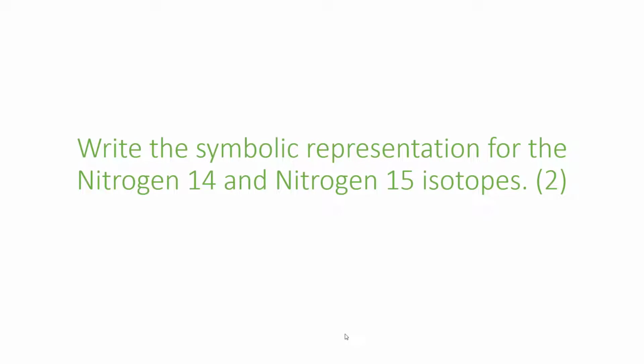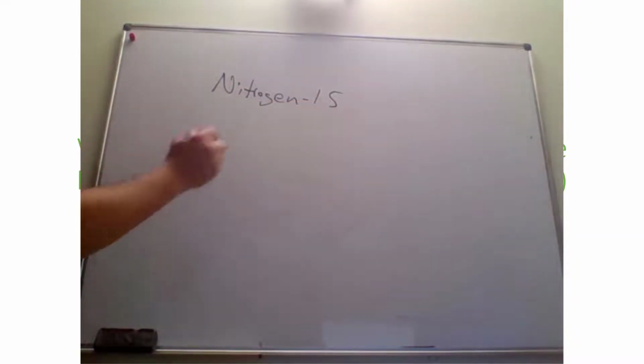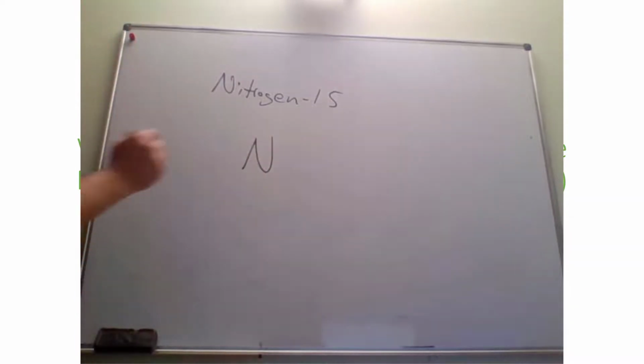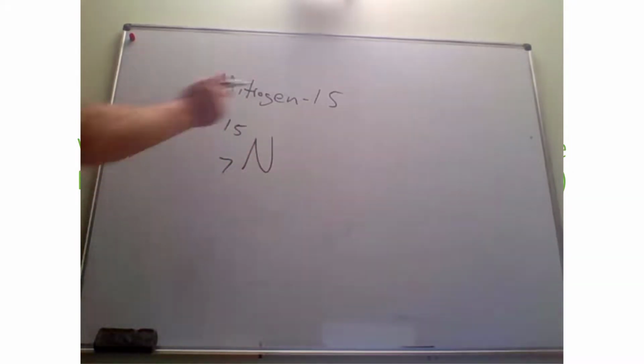Now, if we want to take a look at the representation and number of each for nitrogen 15, again, we look at our symbol N. Atomic number from the periodic table is 7, and we know our mass is 15 because it's given in the isotope name.